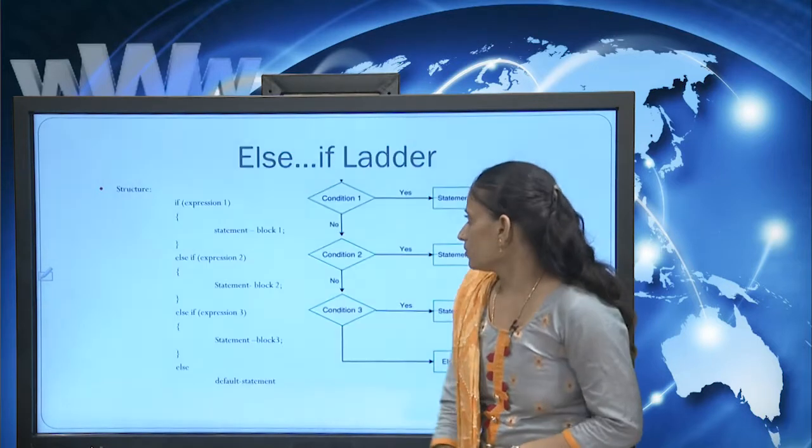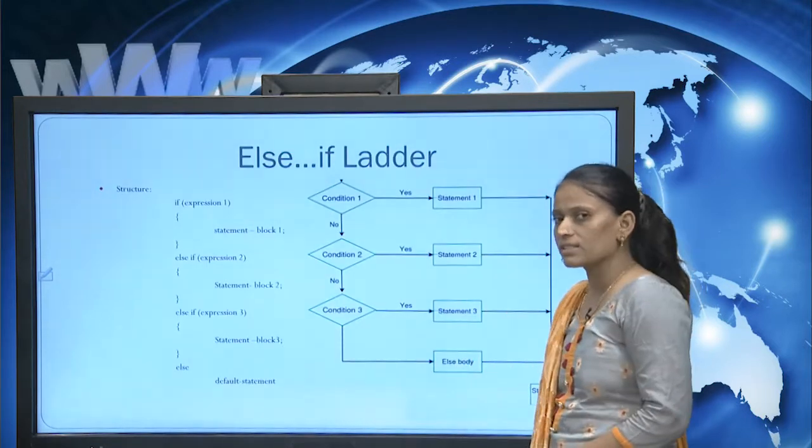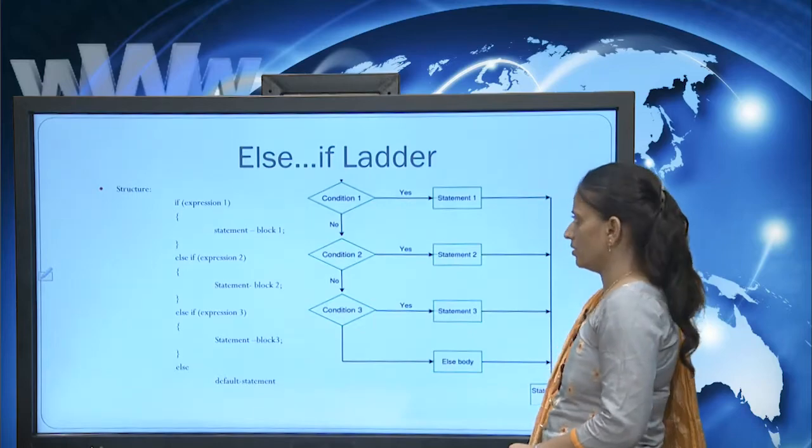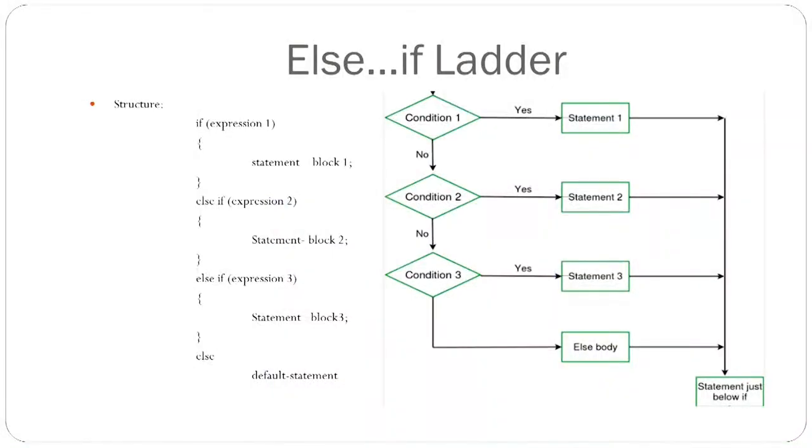Now, the last if statement that we are focusing on is the else if ladder. Else if ladders are important when you want to check multiple alternative conditions: if one condition is true, then we see the second, then we check the third one.